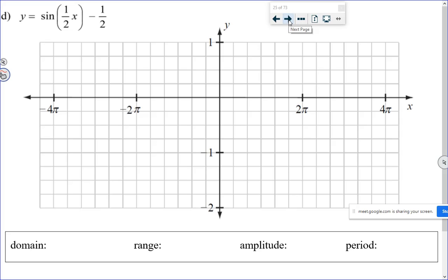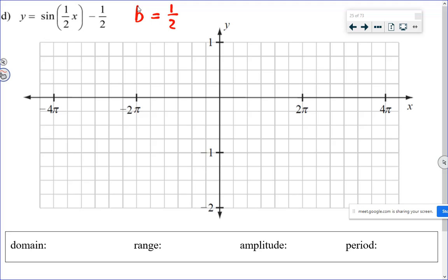Speaking of B, when we take a look at this, B is equal to 1/2, and K is equal to -1/2. By the way, since A is 1, the amplitude is 1. If it has not been stretched vertically, then the amplitude hasn't changed.